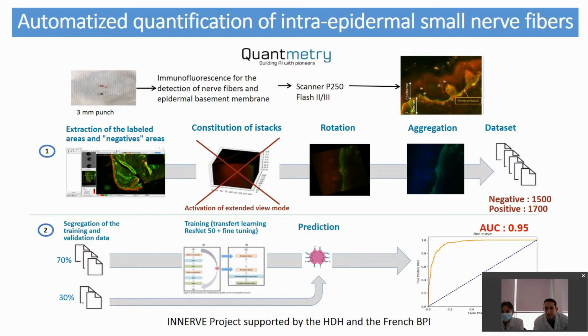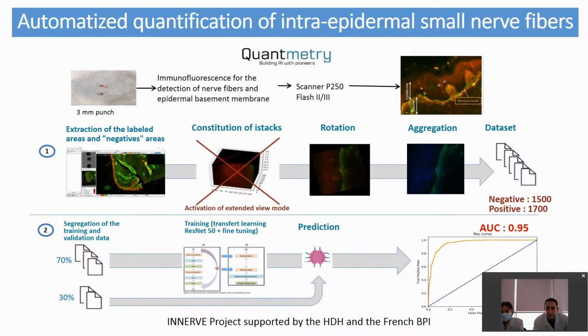An automated analysis of skin biopsy 3D immunofluorescent images using AI would allow a much faster diagnosis with a reading time of less than 5 minutes and much shorter results delivery times, compatible with the rapid handling of patients.